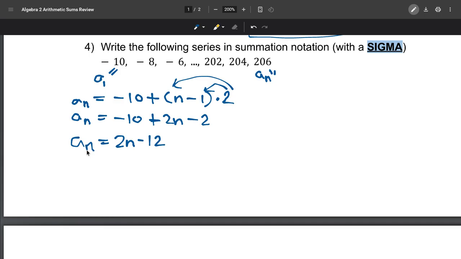Right. Now, so we know if we're starting to write our summation notation, we know we'll start with n equal to 1. Our expression we are going to use is 2n minus 12.